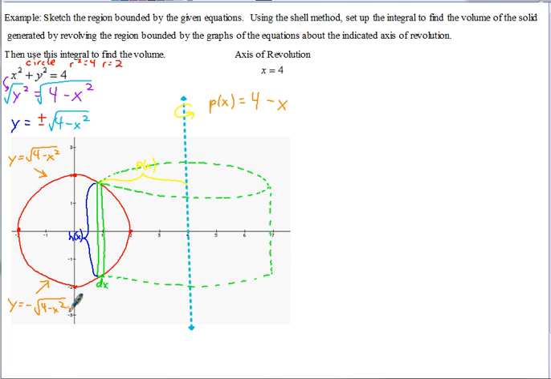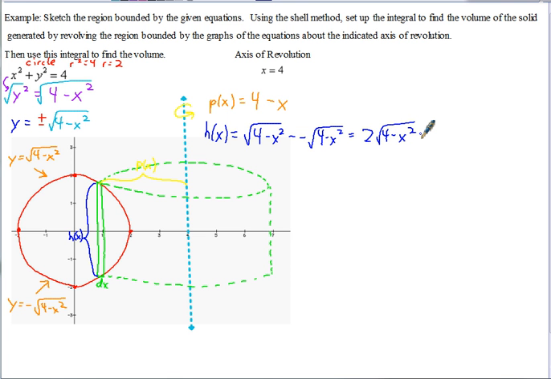So now we have 2 separate ones. For our height, h of x, I take the one on the top, square root of 4 minus x squared, minus the one on the bottom, which is negative square root of 4 minus x squared. You can see the negatives cancel out and you get plus. So it's actually going to be 2 times the square root of 4 minus x squared.